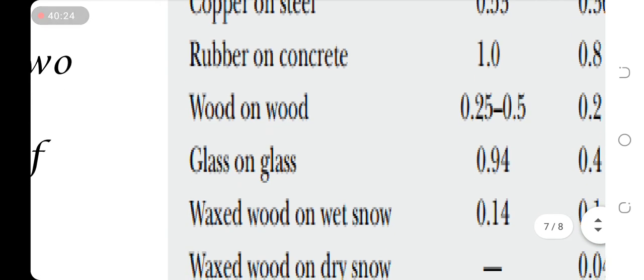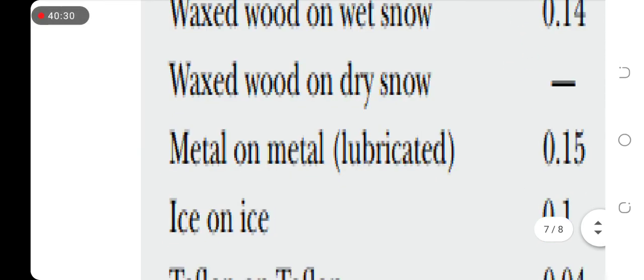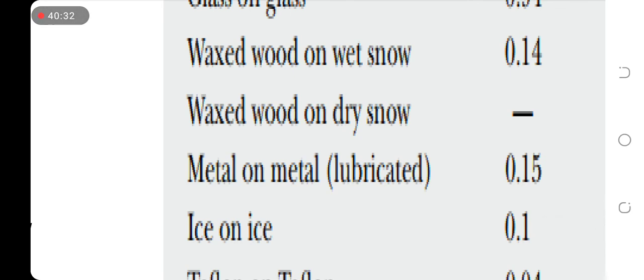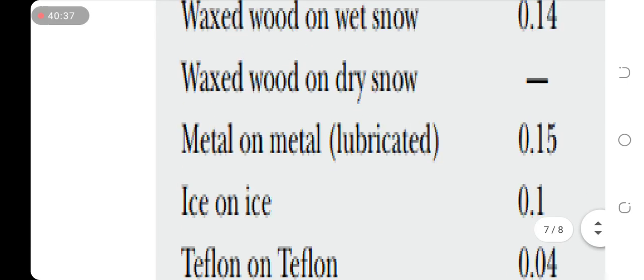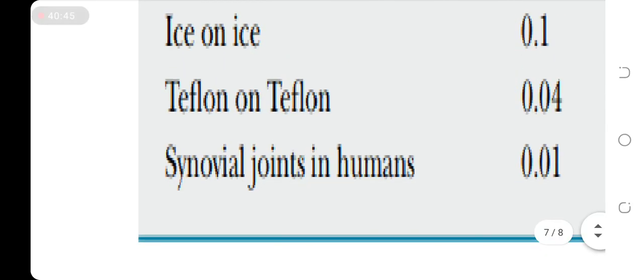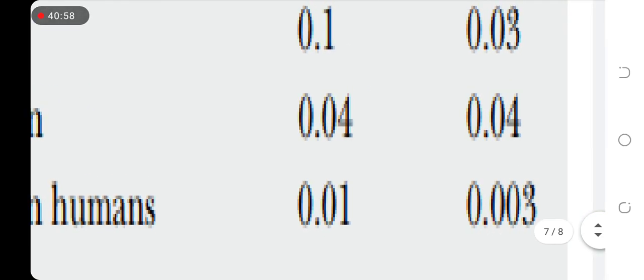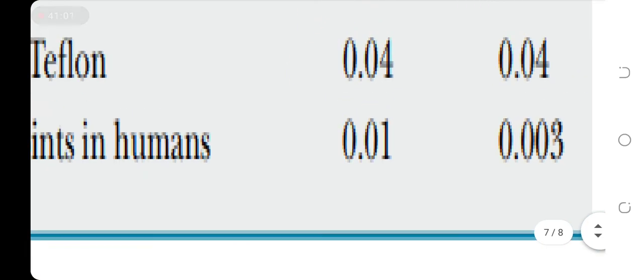Wood on wood, rubber on concrete, glass on glass, waxed wood on wet snow, waxed wood on dry snow, metal on metal lubricated, ice on ice, Teflon on Teflon, and synovial joints in humans have the least force of friction, whether static or kinetic.